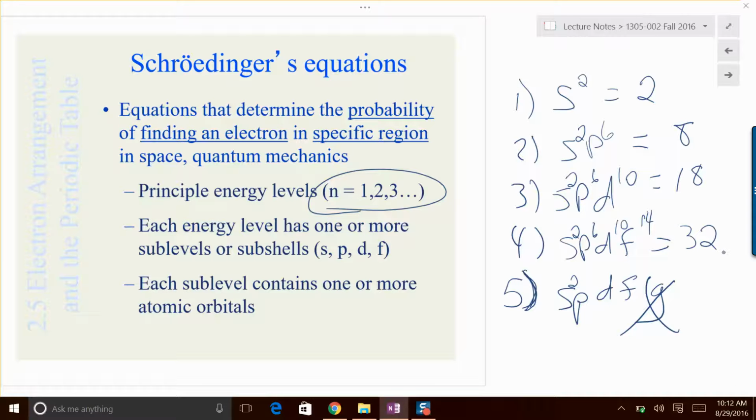And it's simply understood by its sub-energy levels. How many sub-energy levels does it have? And we know how many electrons those sub-energy levels can hold. You add all those together. That's how many total electrons that energy level can hold overall. Okay? 2, 8, 18, and 32, 1, 2, 3, 4, SPDF.